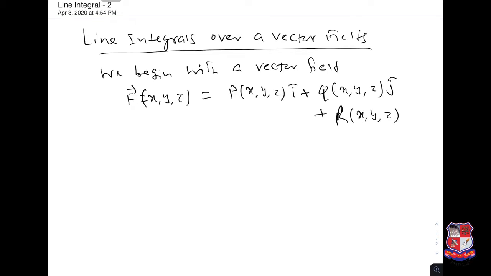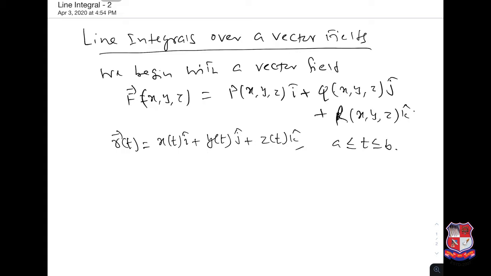So these are the functions, and our position vector. The curve is given by the position vector r as x i caret plus y j caret plus z k caret, and this t lying between a to b.